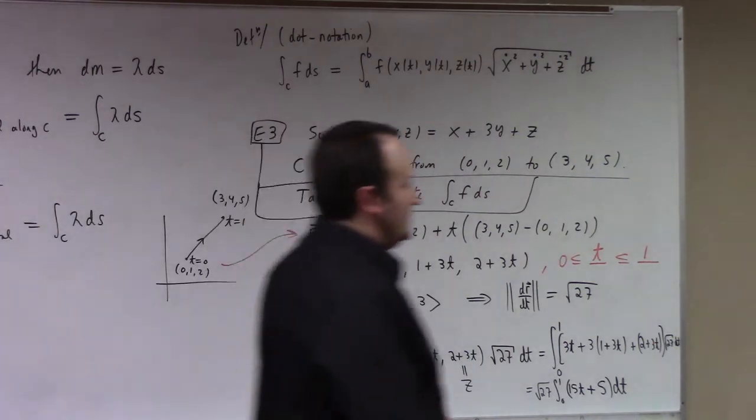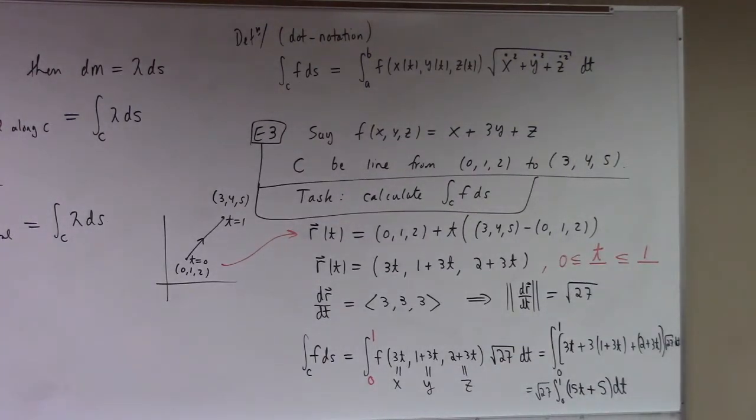Fractions. 5 is 10 halves. 10 plus 15 is 25.